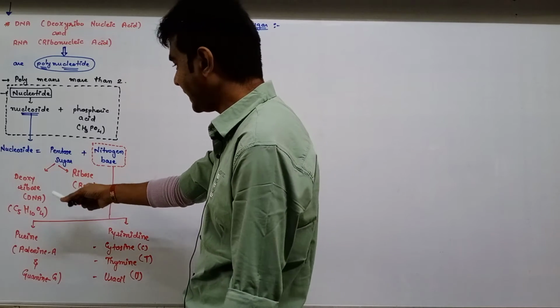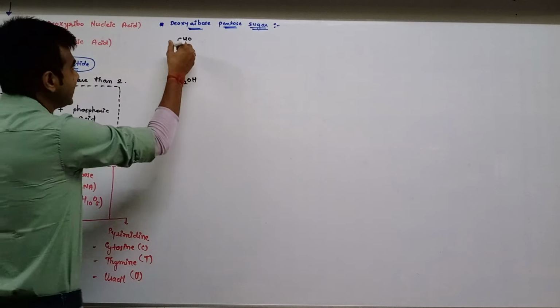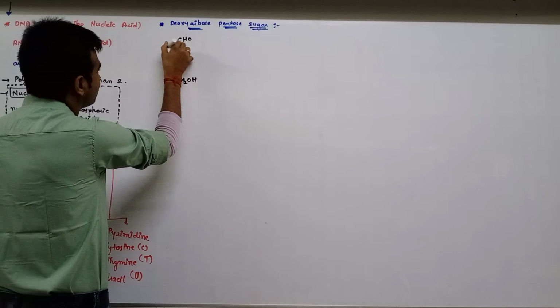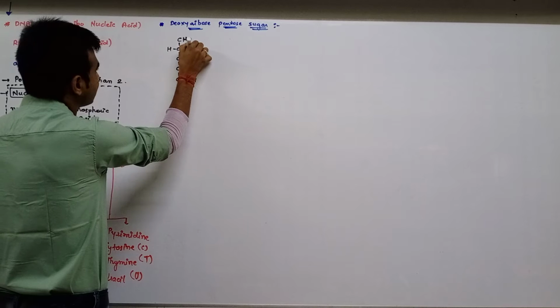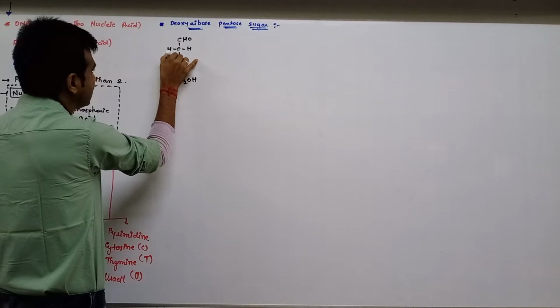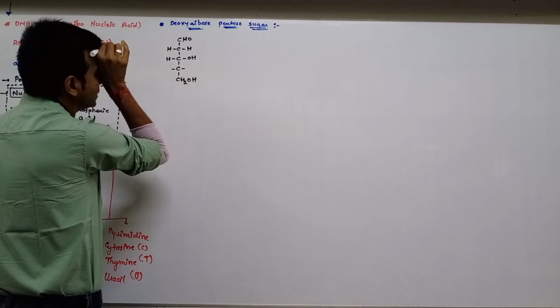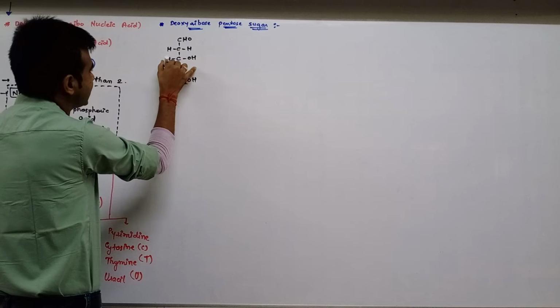So C5H10O4 is there. On the second carbon, both sides have H. On the remaining carbons, left side H, right side OH.